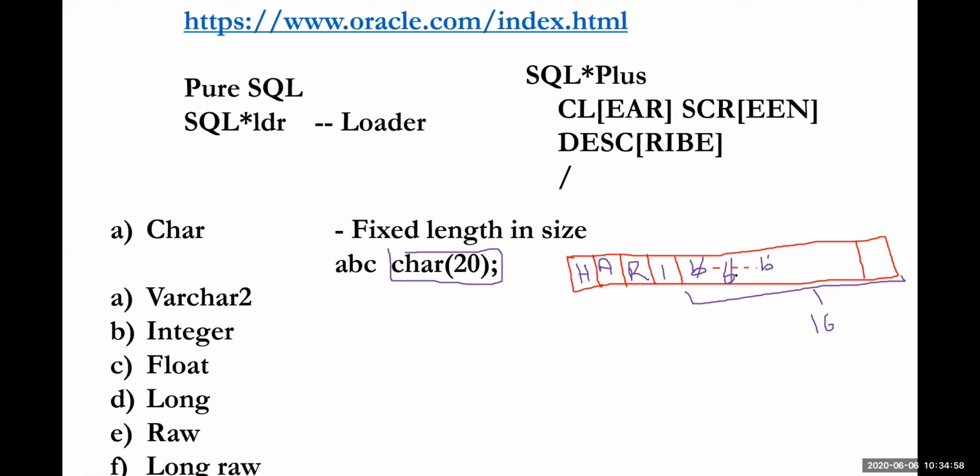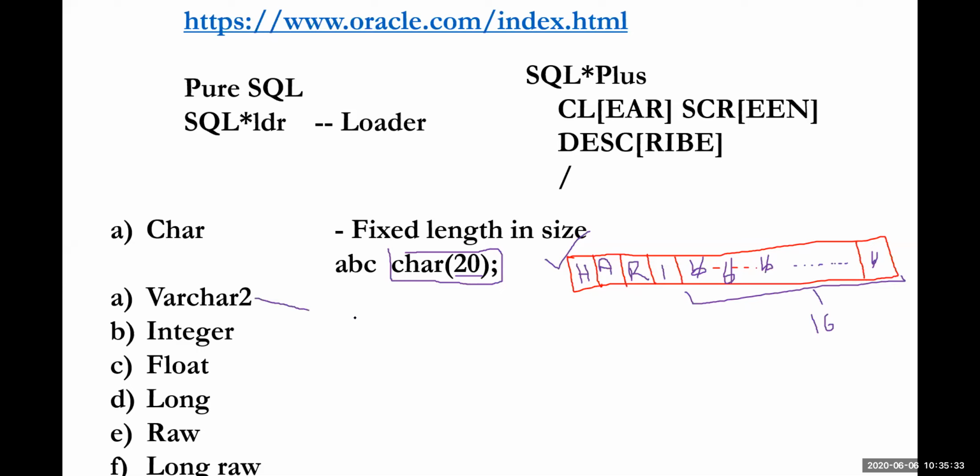So your actual data is HARI and the remaining 16 bytes will be filled with blank spaces. Blank space is also one of the characters from the storing point of view. Therefore, the size of CHAR is fixed in length. If you define a particular column with 20, it completely occupies 20 bytes. There is no change for any record.